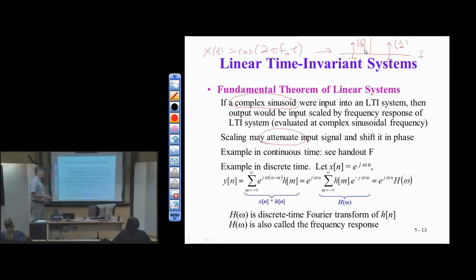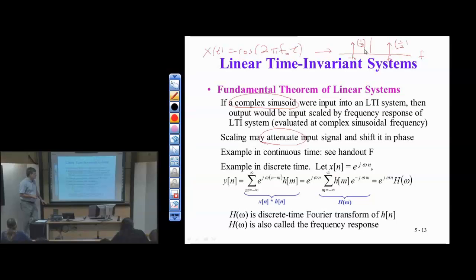And that's it. So the signal, which is two-sided, has just one frequency component at f naught. So it may get through the LTI system and it may not. If it gets through, the amplitude of the cosine may be reduced, could be increased, and the phase could be shifted.